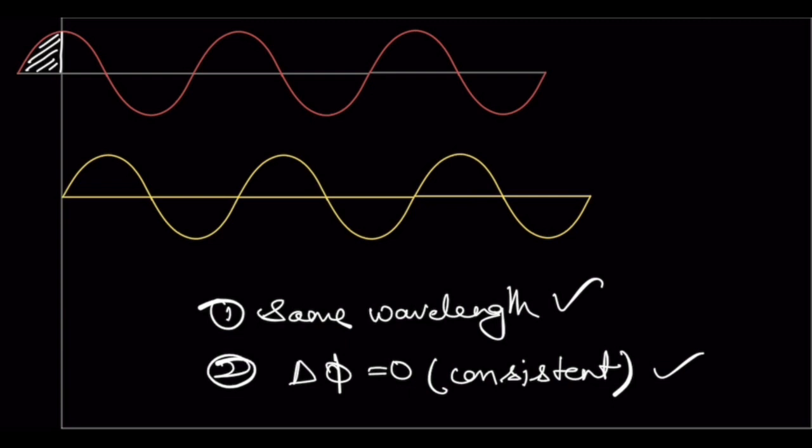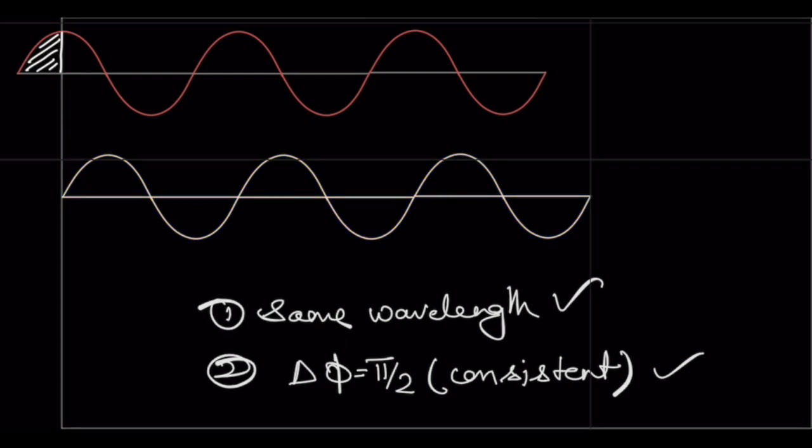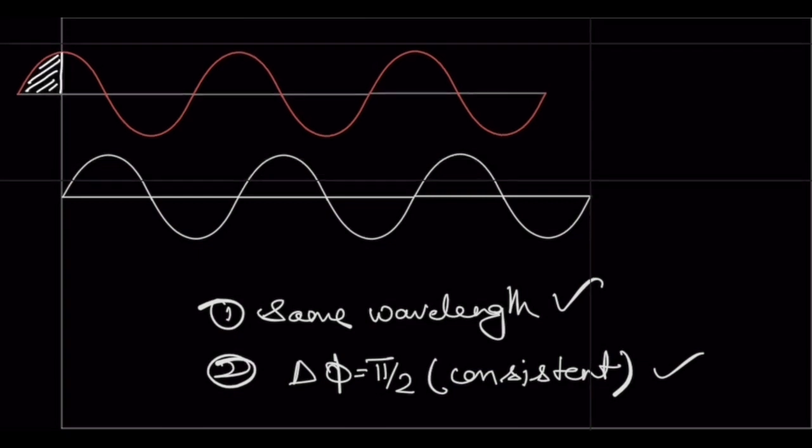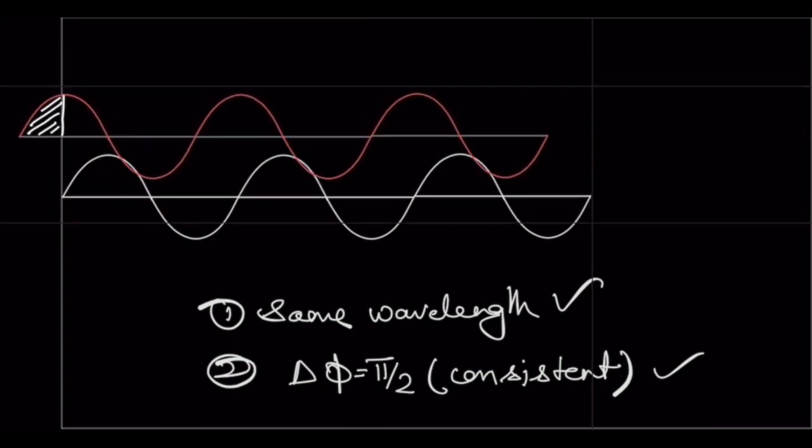Do you know by how much? By 0? No. Now the delta phi is pi by 2. They are not in phase now, they are out of phase. But the most important point here is that their delta phi, the difference in phase, is consistent, coherent, constant.